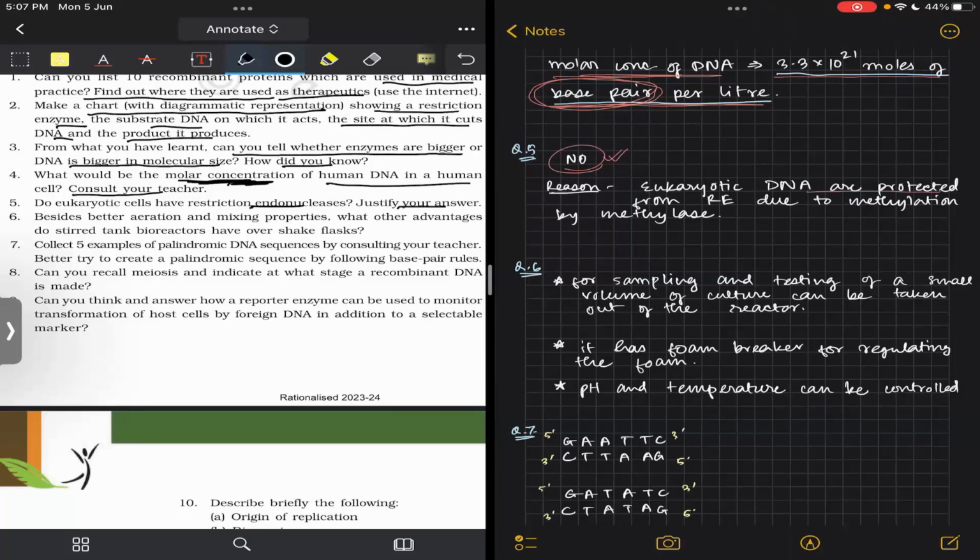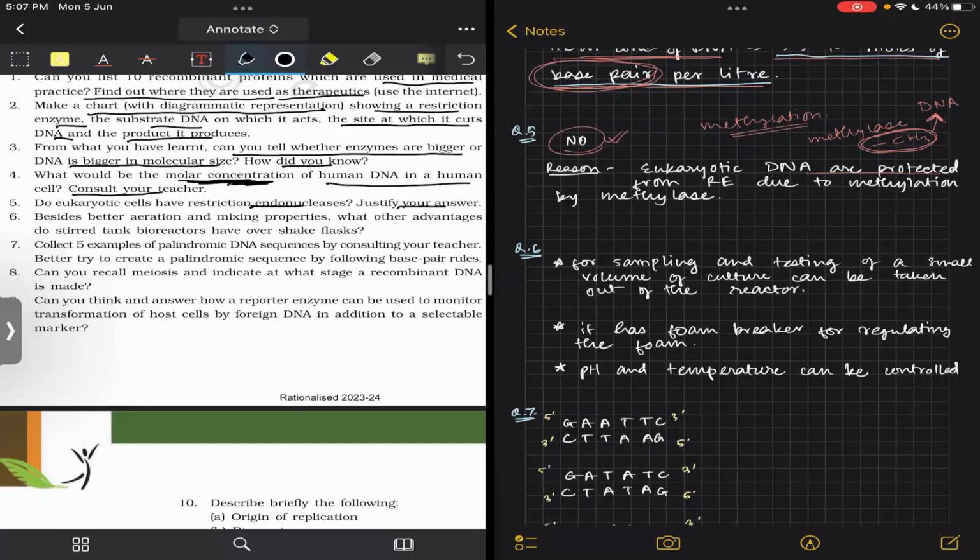Methylation is a process in which the enzyme methylase adds a CH3 group to the DNA, and what it does, it protects the DNA from restriction endonuclease and several other enzymes also. And for this simple reason, eukaryotic cells do not have restriction endonuclease enzyme in them, because the eukaryotic DNA is already protected from RE.